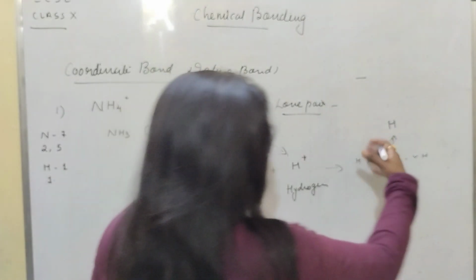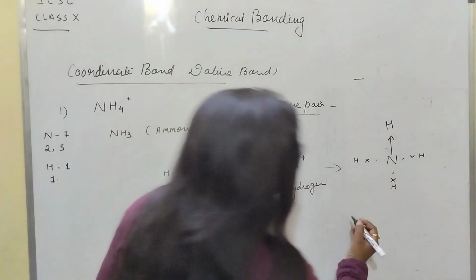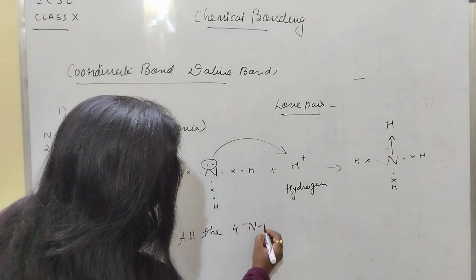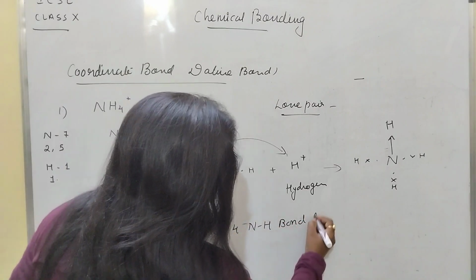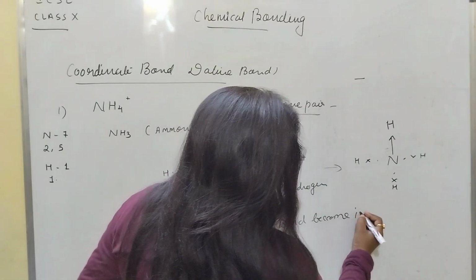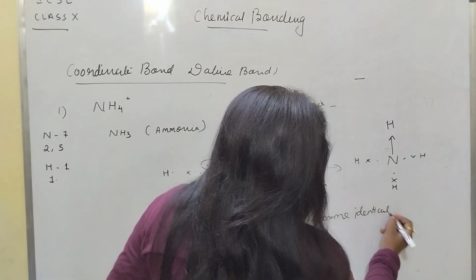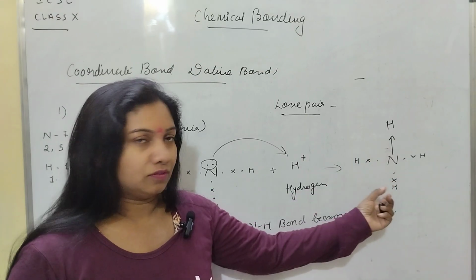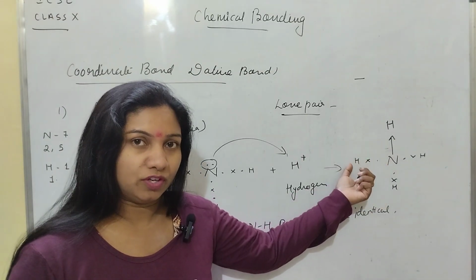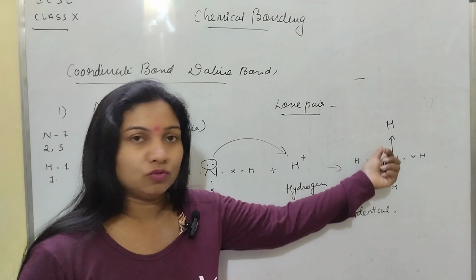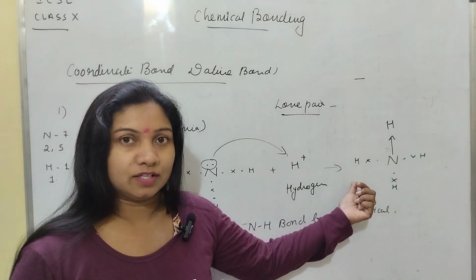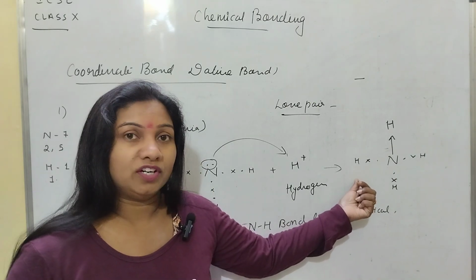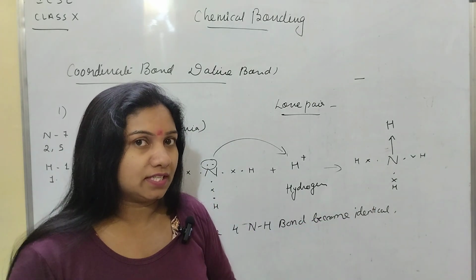Once this happened, all the 4 NH bonds become identical. After the formation of ammonium ion, all the four hydrogens, that means 4 bonds it has, 3 covalent bonds and 1 coordinate bond. But in the compound we can't distinguish which one is a coordinate bond and which one is a covalent bond, because we can't see the bond over there.